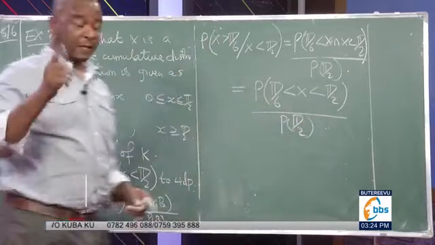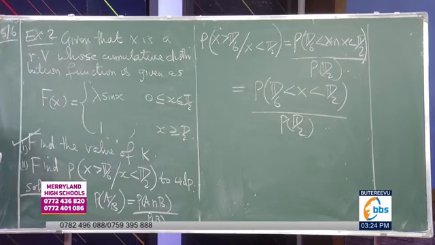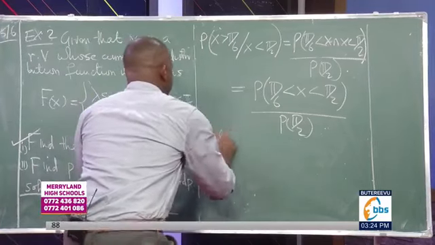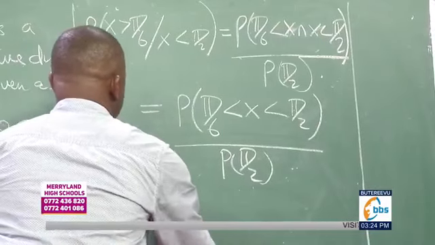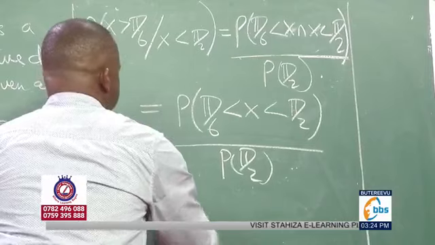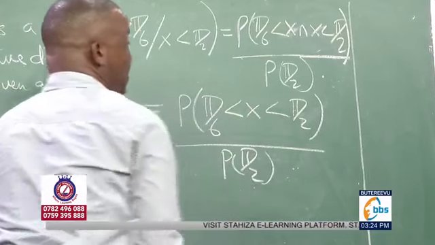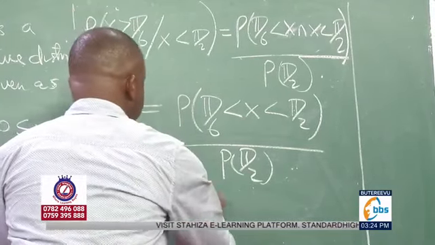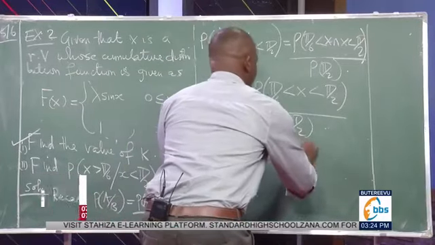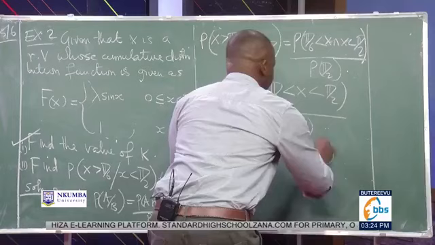And from what we saw last time, we simply now need to look at this. P of pi by 6 less than x, which means that x is greater than pi by 6, is basically f of pi by 6.